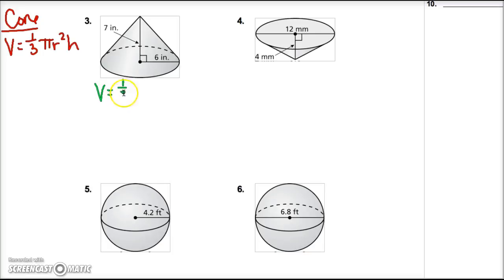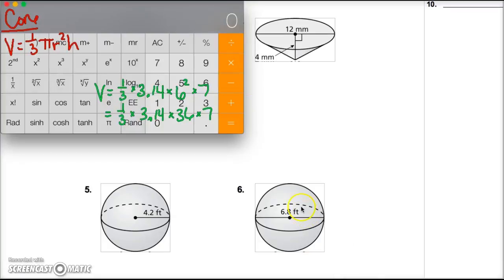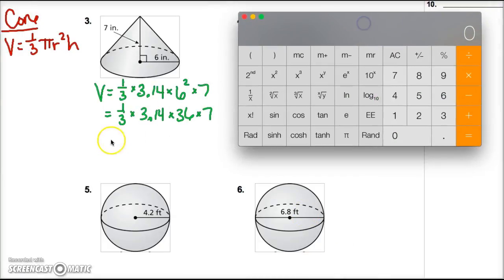So 1/3 times pi, which is 3.14, times the radius squared. The radius is 6, so that would be 6 squared, times the height, which is 7. So we have 1/3 times 3.14 times 6 squared, which is 36, times 7. Whenever I plug this into my calculator, remember, taking 1/3 of something is the same thing as dividing by 3.